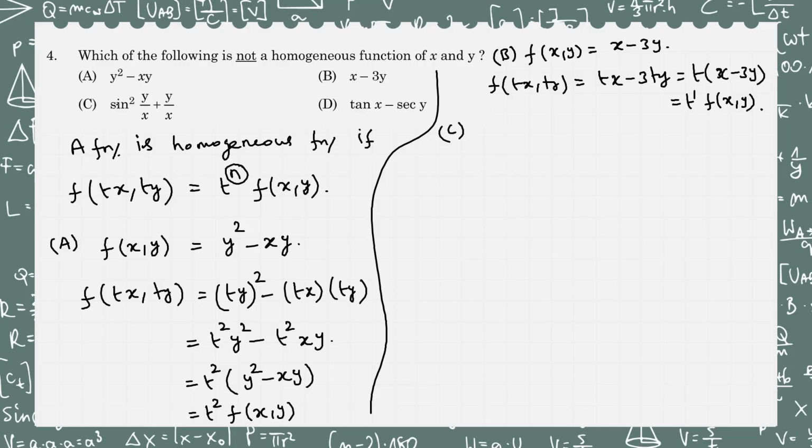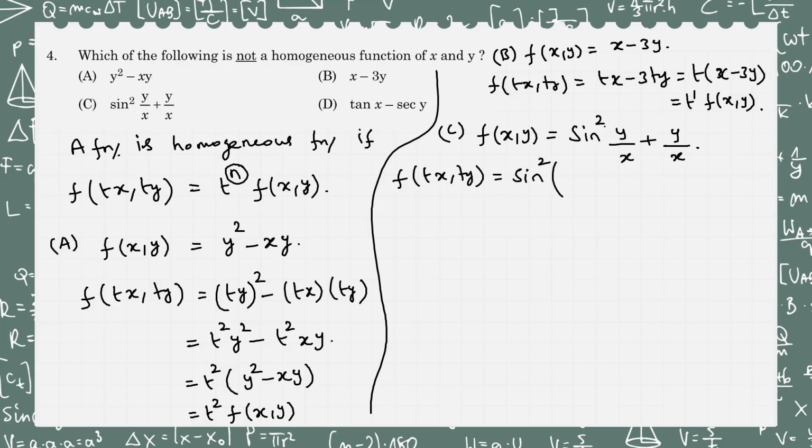And let us take the function given in option C, f of x comma y equal to sine square of y by x plus y by x. This is the given function. Let us calculate f of tx comma ty. This will be sine square of, replacing y and x with tx and ty, we get ty divided by tx plus ty divided by tx.